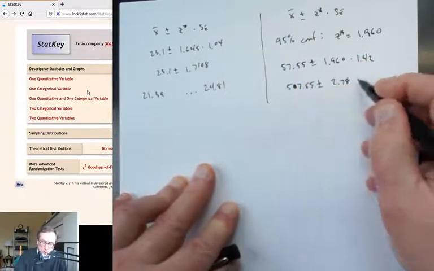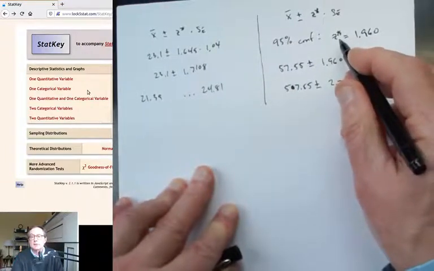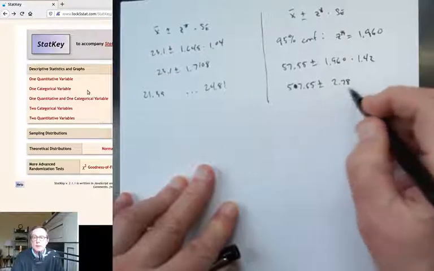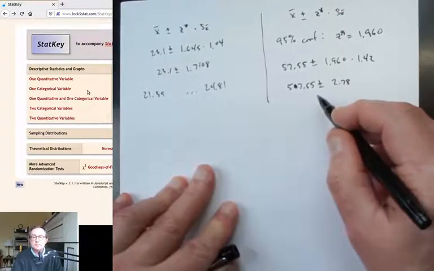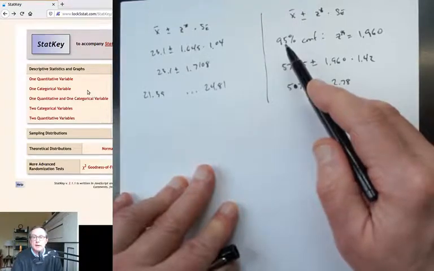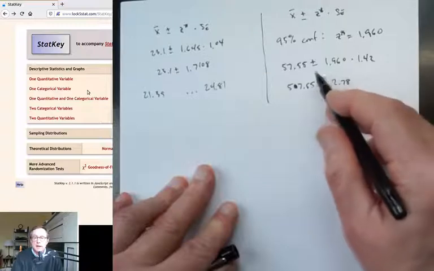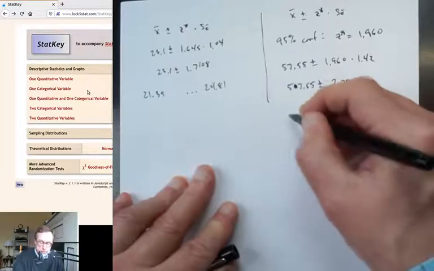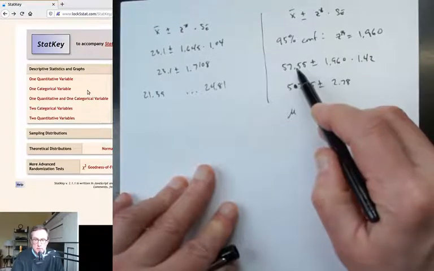The only hard part about confidence intervals is not the formula. This Z star, there's three numbers that I asked you to be familiar with. The hard part about confidence intervals is what are you confident of? And the answer is we are 95% confident. We think there's a 95% chance that in our interval lies mu. Not X bar, we know X bar.